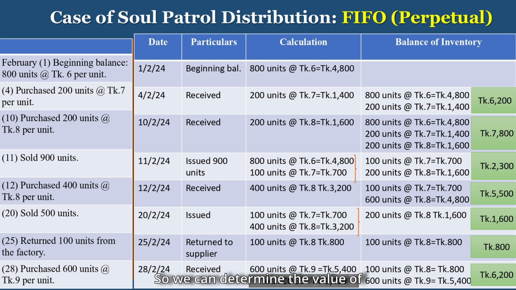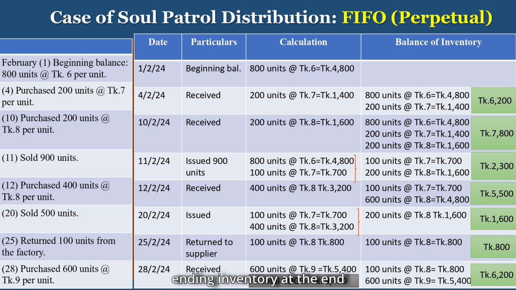As we are following the FIFO method, we shall discharge the 800 units first, and then 100 units that were bought on February 4. So the value of cost of goods sold is 800 units at taka 6, that means total value is 4,800, and 100 units at taka 7, that means total 700. So the total cost of goods sold will be 5,500.